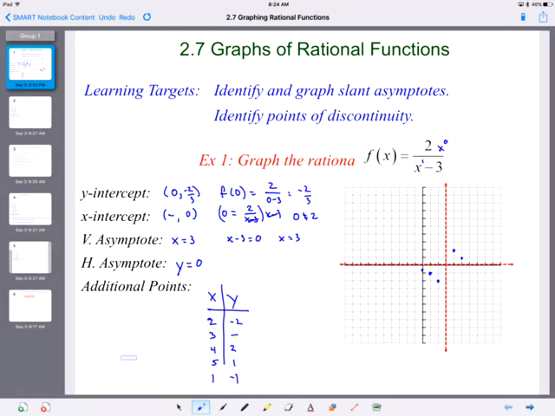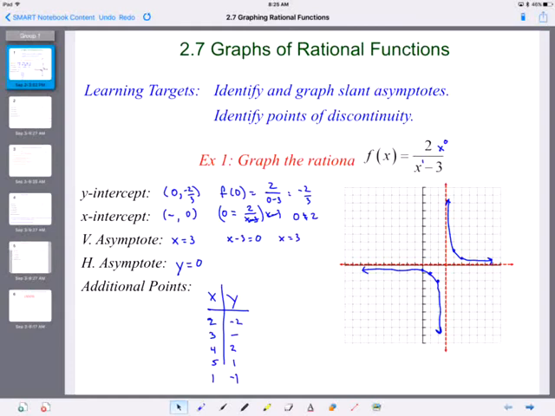And so that gives us a general idea of what that graph is going to look like. And there you go. So we're going to help identify the graph by finding all the important parts of it, but only use the calculator to help us actually graph the additional points.